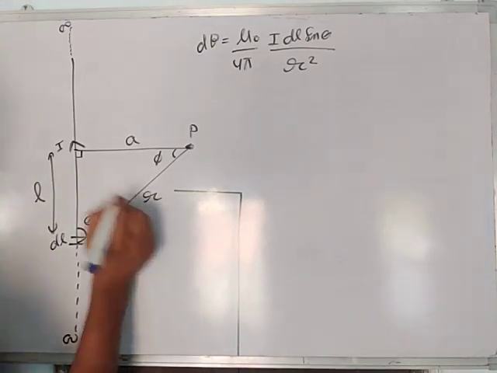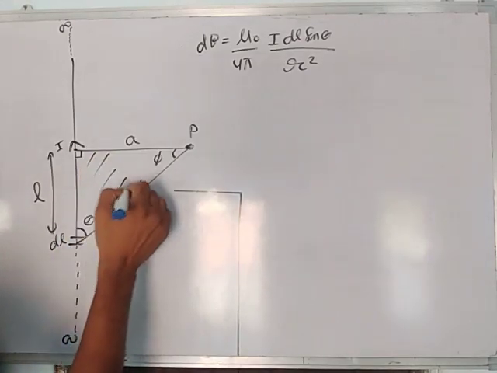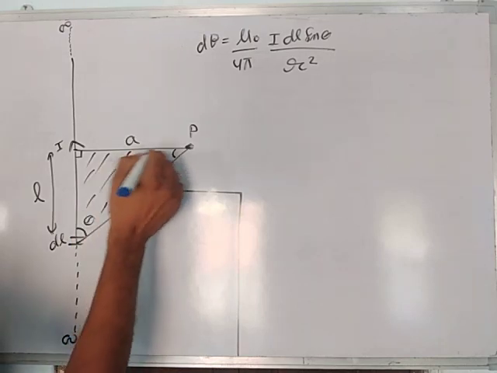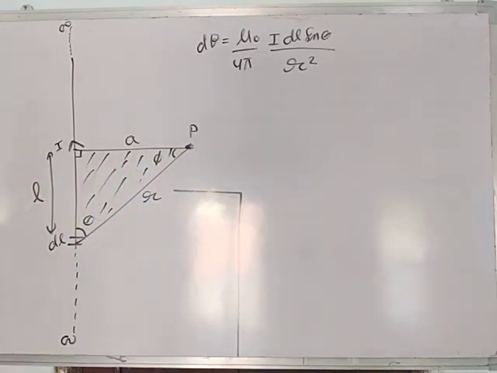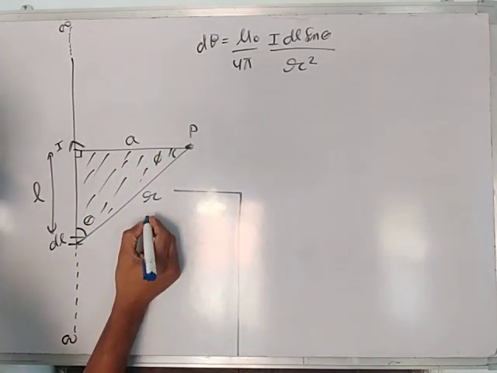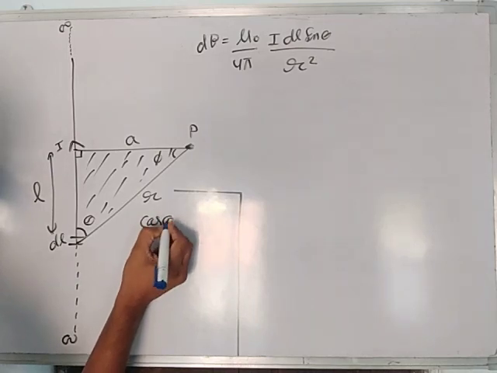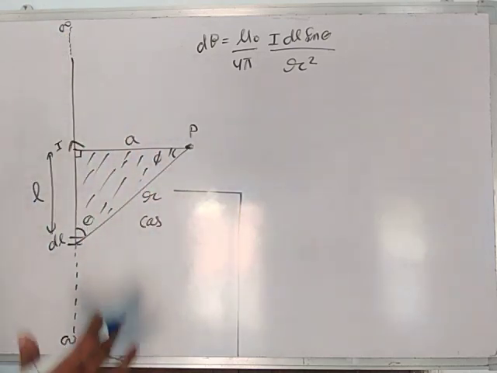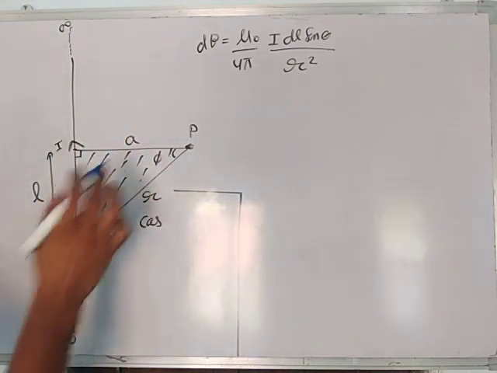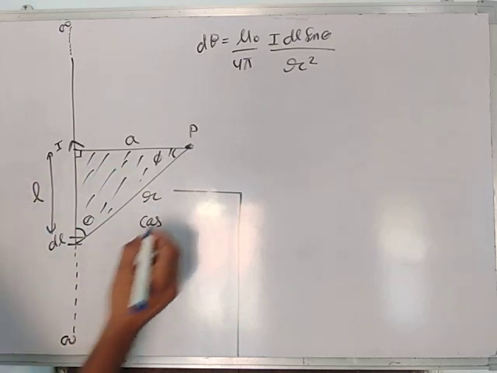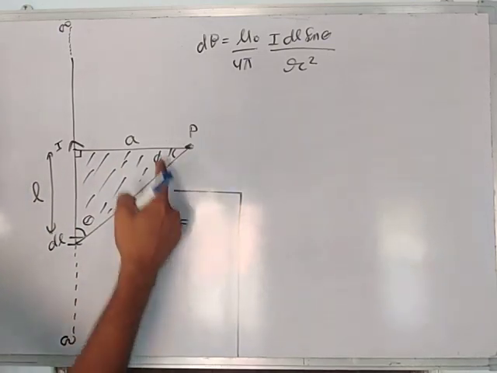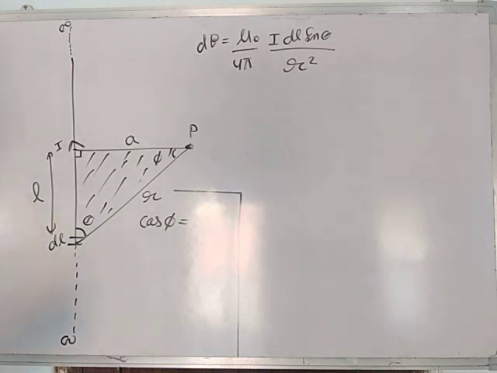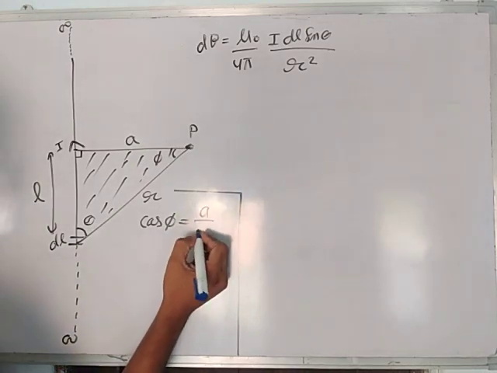Consider the given shaded triangle. We will not use theta. For the overall final result, we will use phi. Consider cos phi. Cos phi is equal to base upon hypotenuse, A by r.